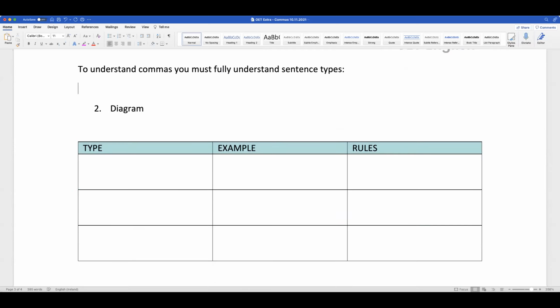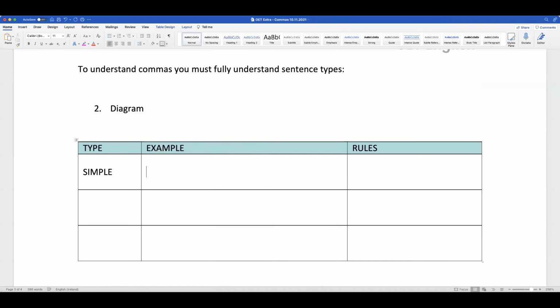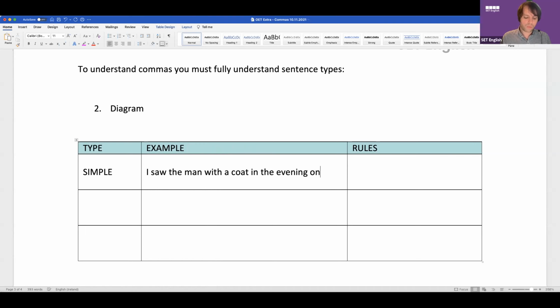So what do we call a sentence with only one clause, Bianca? Simple sentence. Yeah, a simple sentence is a grammatical type of sentence, okay? What does simple mean? We have subject verb. Is this a simple sentence? I saw the man with a coat in the evening on Wednesday. Yes.